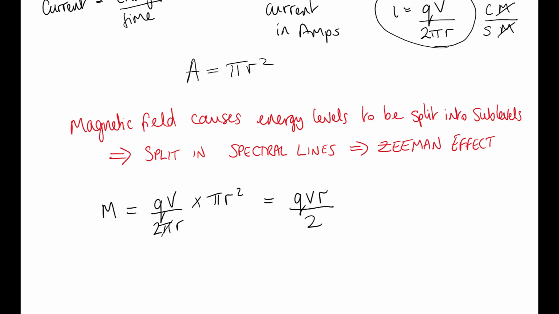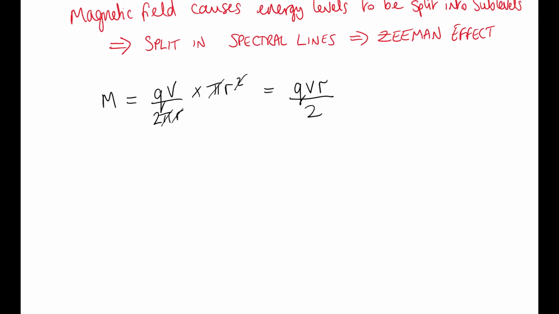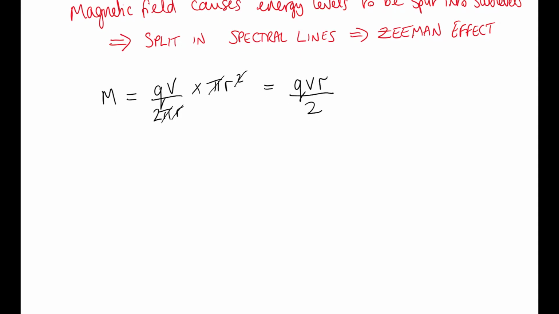So the pi cancels and the r cancels, so we end up with QVr over 2. Now in the event that this motion does not take place in a circular orbit, we can also write this in terms of vector quantities, and in this case we bring in the cross product of r and v.